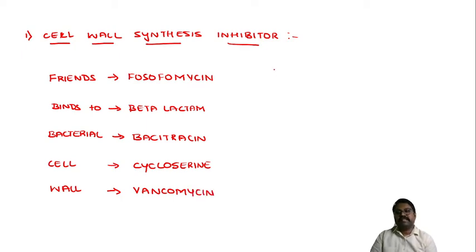So how are these drugs going to inhibit the cell wall synthesis? Basically, they inhibit the key enzymes which are involved in the cell wall synthesis.